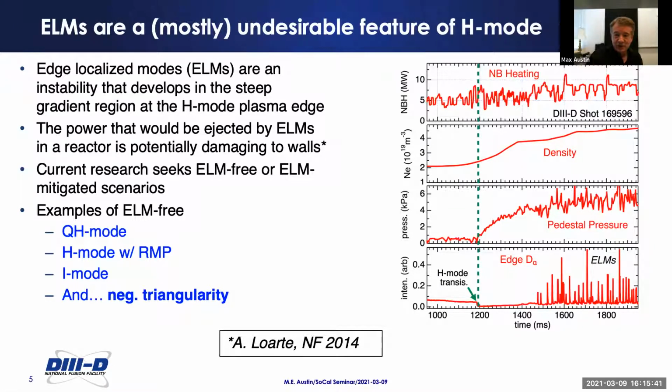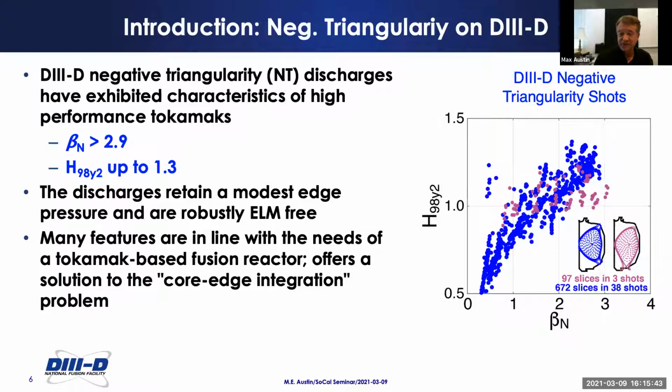So all that is an introduction to what I'm going to talk about today: negative triangularity discharges on DIII-D that have exhibited characteristics of high performance tokamaks, with normalized betas approaching 3 and confinement factors of up to 1.3.